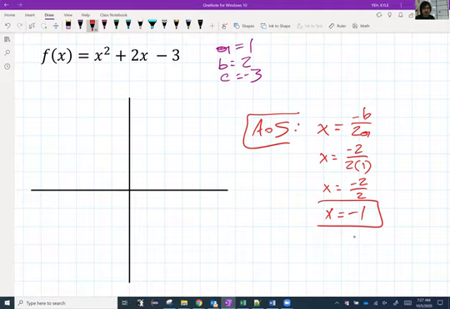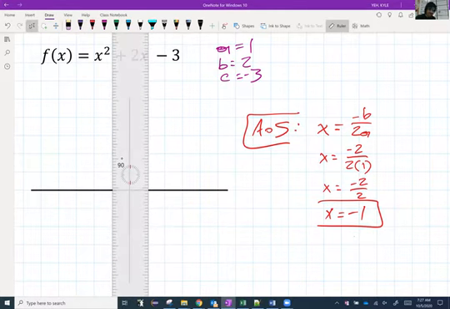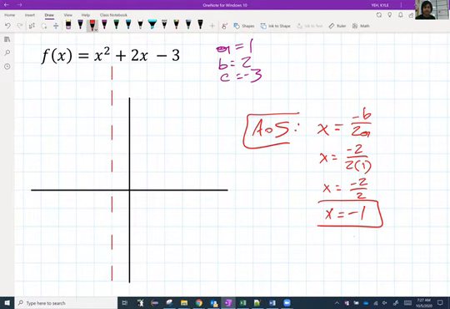That is my axis of symmetry. So that's the first thing I like to do. I say, let's find my vertical line that I know will be the center of my graph. And x equals negative 1, I'm just going to draw a nice dotted line there, dashed, however you want to think of it. That is my axis of symmetry.